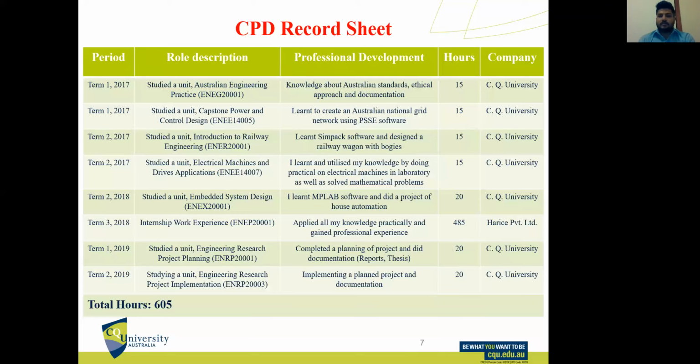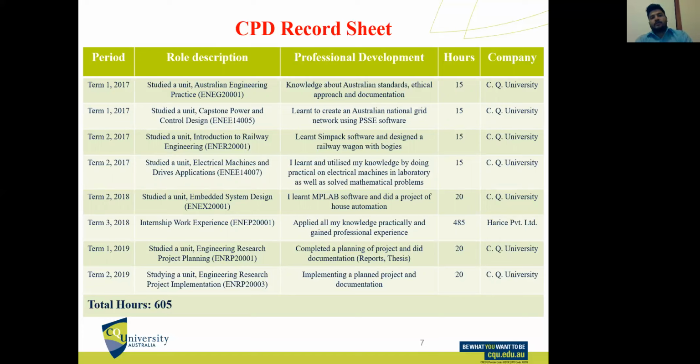This is the CPD record sheet, and as you can see, in term 1 2017, I learned a couple of units: Australian engineering practice, and custom power and control design. In term 2 2017, I learned another two units, which were introduction to railway engineering, and electrical machines and drives applications.